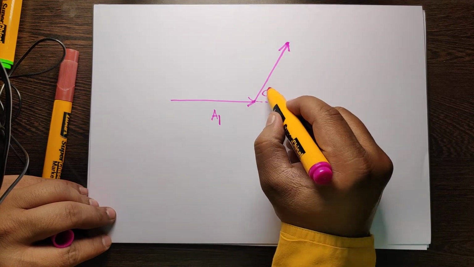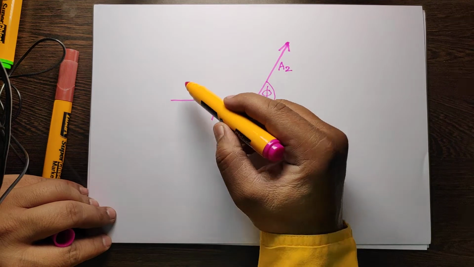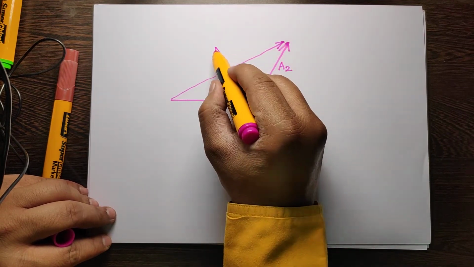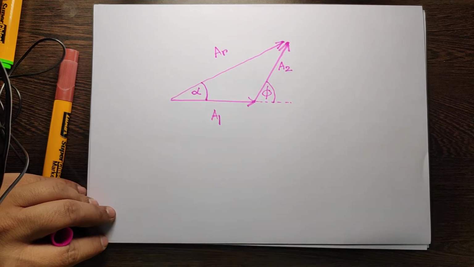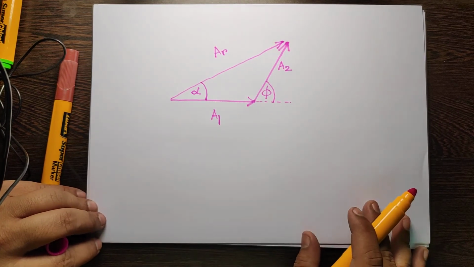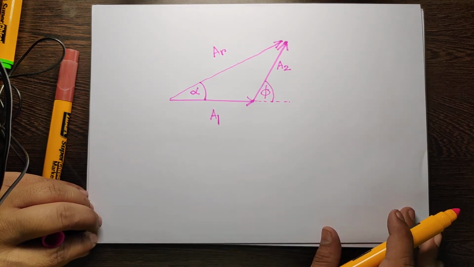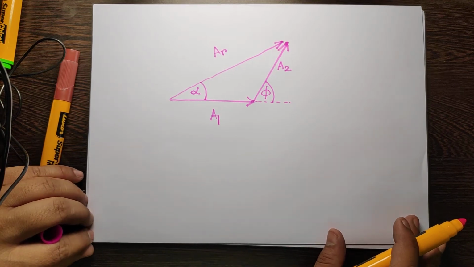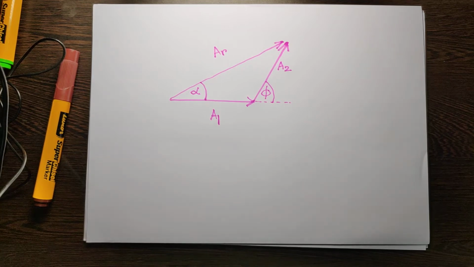So there comes phi and this is A2, and this is the resultant amplitude AR, and this is the angle alpha. This is an easy way to remember it, but actually amplitudes are not vectors. The equation resembles the triangle law of vector addition.